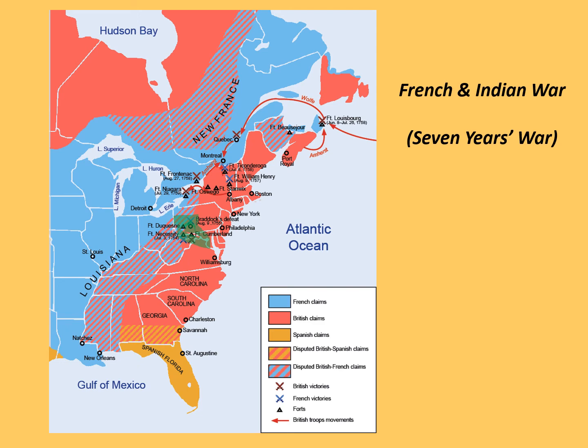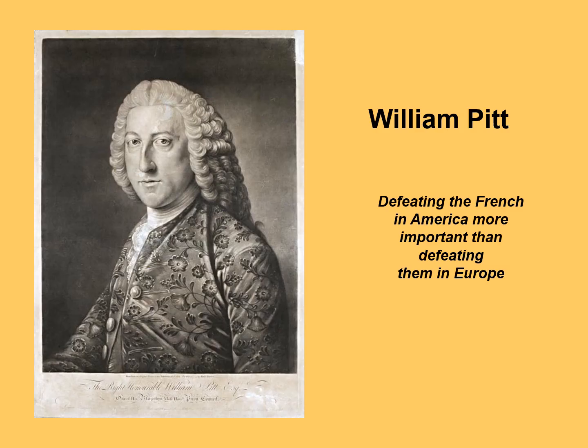At this point, however, we're going to see a new minister of war put in place by the British government. His name was William Pitt. And William Pitt saw this war in America in a very different way than his predecessors had seen the wars between Britain and France previously.